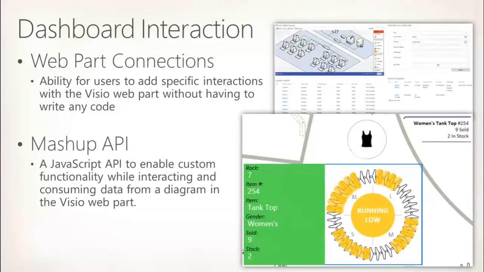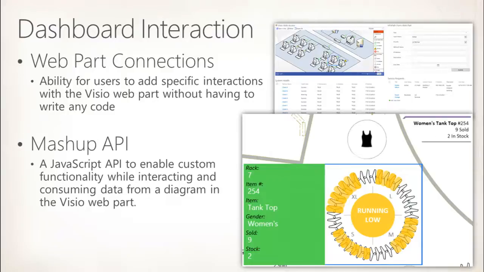Web part connections allow us to connect the Visio web part to other web parts on our page, right? So there's things we can do like, you click on a shape and we send data to a different web part and it affects the content of that web part. Those scenarios are all no-code scenarios.